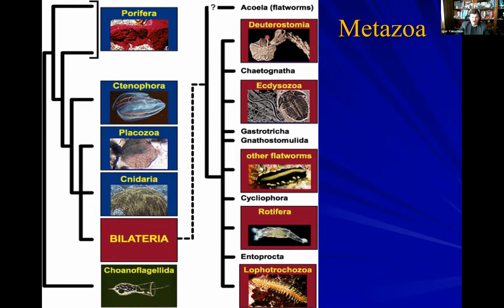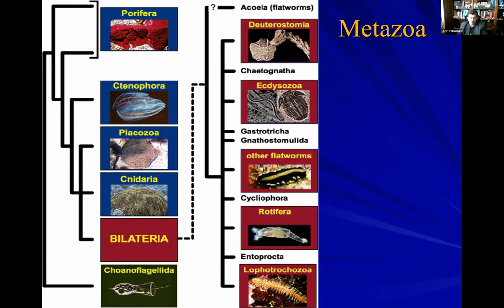They are actually radially symmetrical as adults, but they are bilaterally symmetrical as larvae. We'll talk about that later on, probably next week. And then of course, we will have several major groups based on the presence or absence of the coelom. And then, of course, we are looking at the deuterostomes and the protostomes, and we'll discuss that at length.